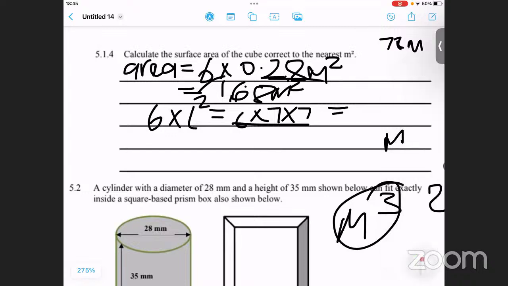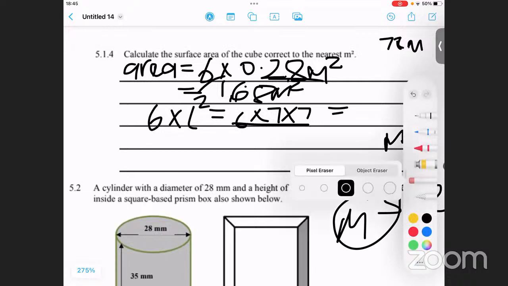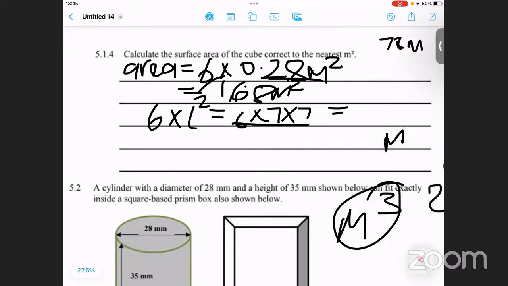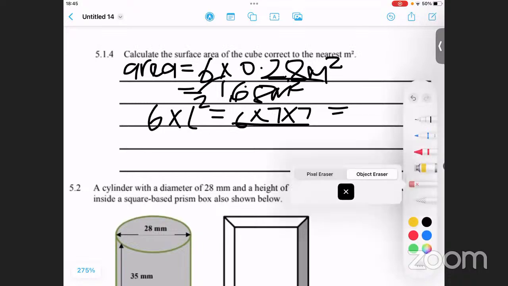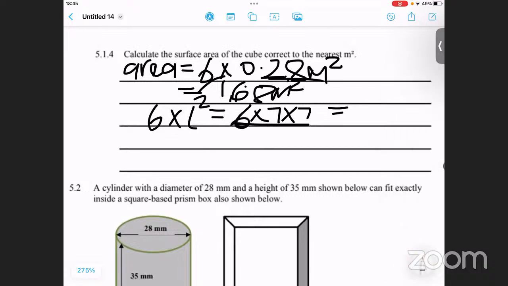Let's see if we do it this long way. What is 6 multiplied by 7 multiplied by 7?